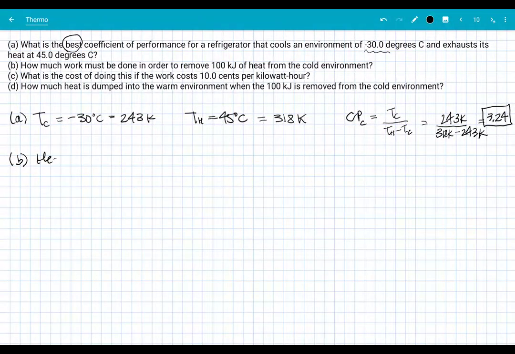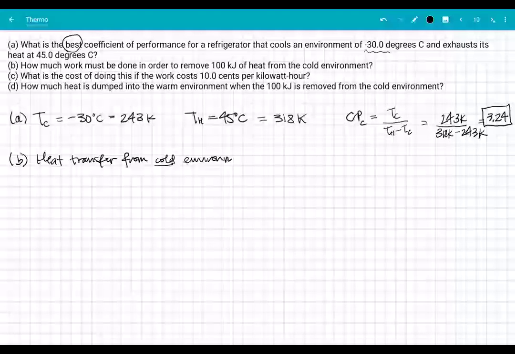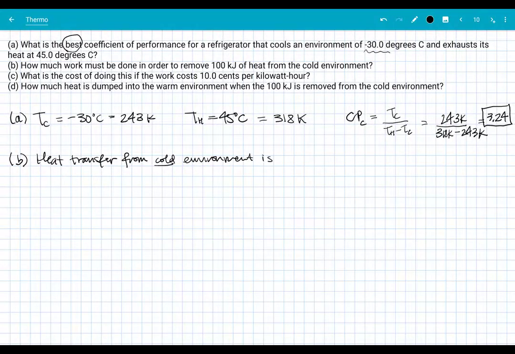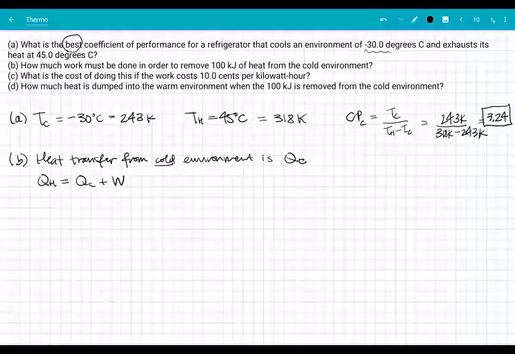So the heat removed from the cold environment, the heat transfer from the cold environment, is QC. The first law equation always looks like this: QC plus work is equal to QH.